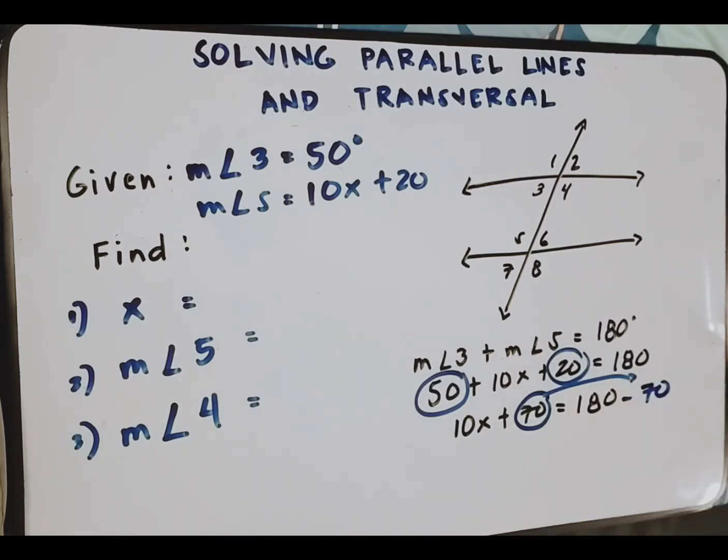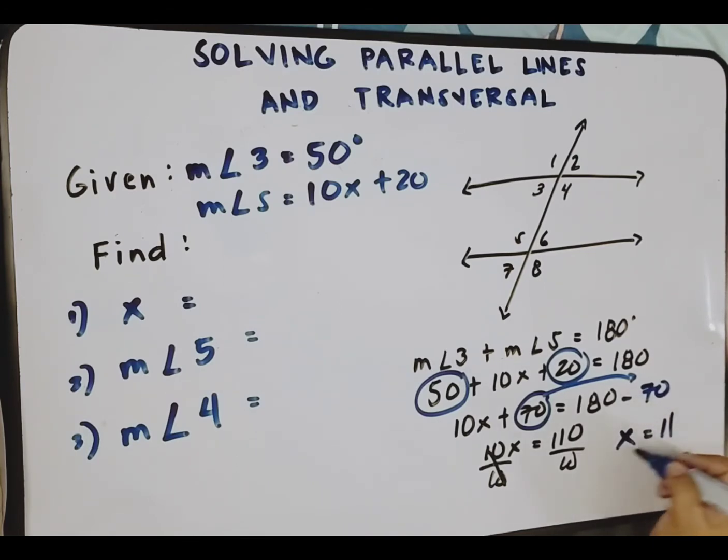So, 180 minus 70 is 110. We have here 10x is equal to 110. To solve for the value of x, simply divide both sides by 10. Therefore, x is equal now to 11.